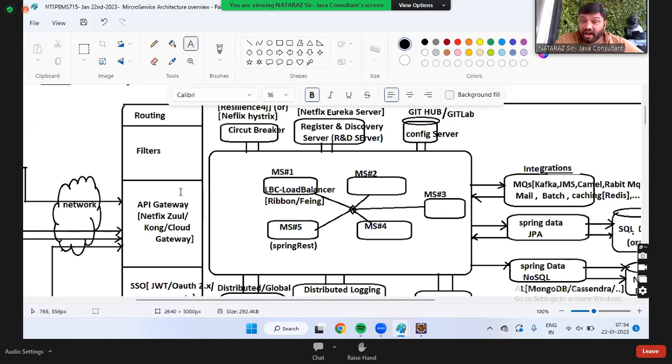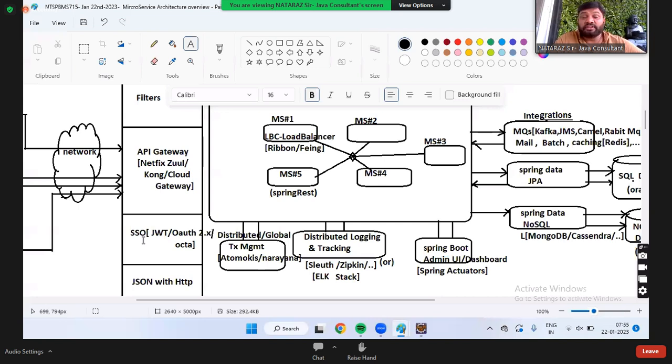Listen, along with this gateway, we can add some other facilities. What kind of facilities? SSO, single sign-on. Understanding my statement? JWT with OAuth 2.x or Okta, we can use for single sign-on.